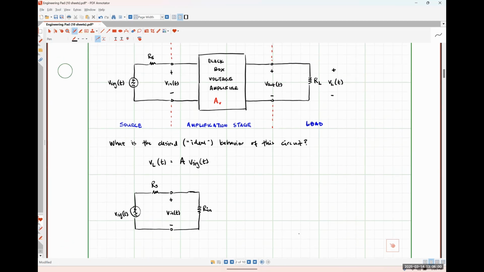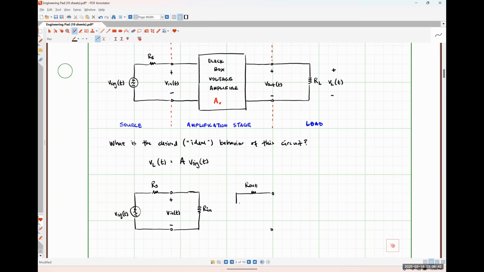Now, let's say that I disconnected my load while leaving my signal on and looked in through the output terminals. What should I see? Well, I should see a true Thevenin equivalent circuit, a voltage source in series with some resistance, okay? So I'm going to draw that part over here. So the resistance that we would see looking into the output terminals is unimaginatively going to be called the output resistance of our amplifier.